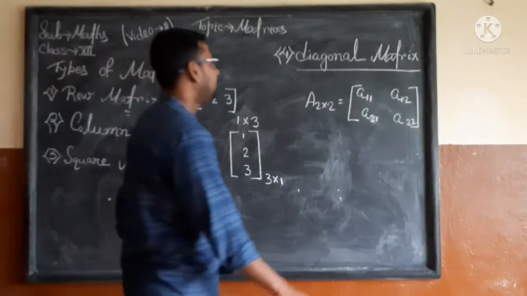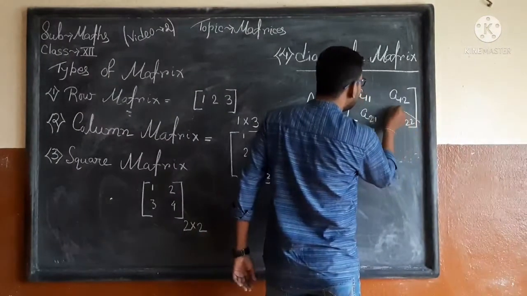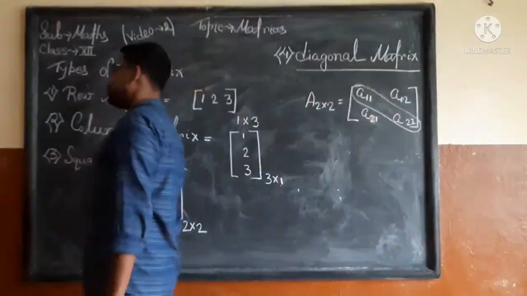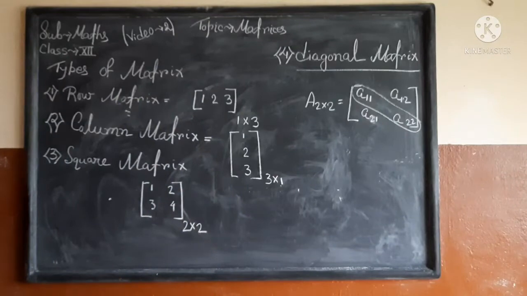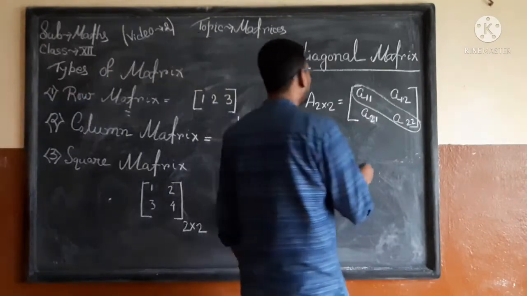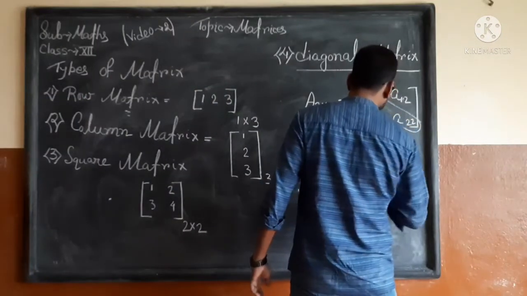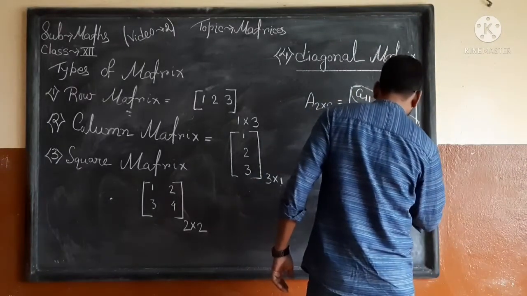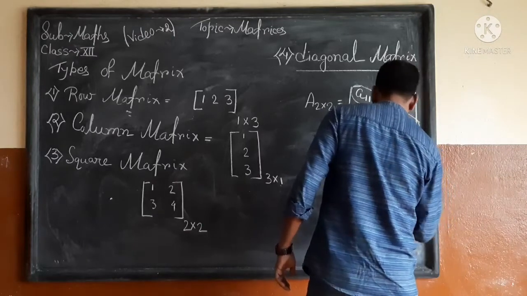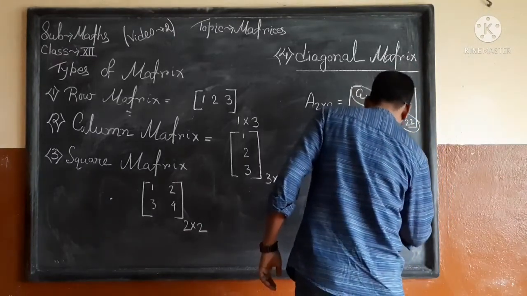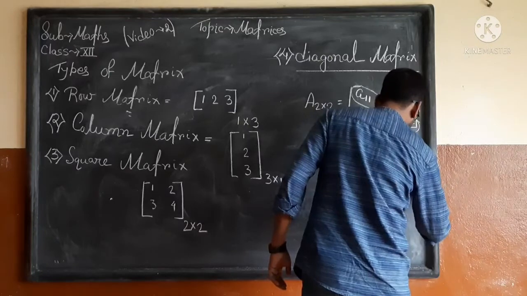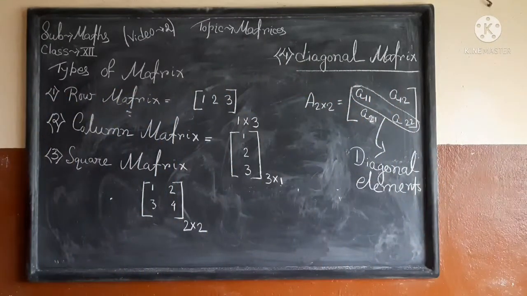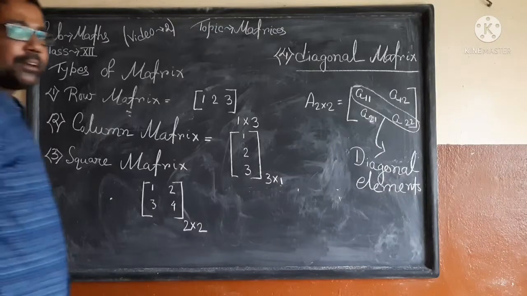These two elements are called the diagonal elements. The definition of the diagonal matrix depends on these diagonal elements.